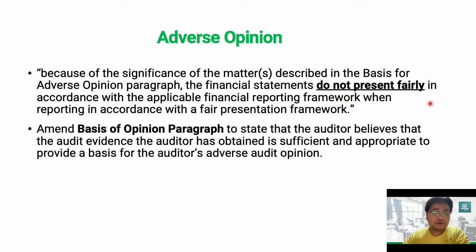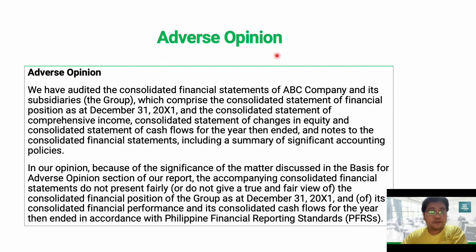In a qualified opinion, we mention that the financial statements are still fairly presented except for the matter that we discussed in the basis for opinion paragraph. Okay? And then we also amend the basis for opinion paragraph to discuss the reason for the adverse opinion. And we mention also that we have obtained sufficient and appropriate evidence to provide a basis for our adverse audit opinion.